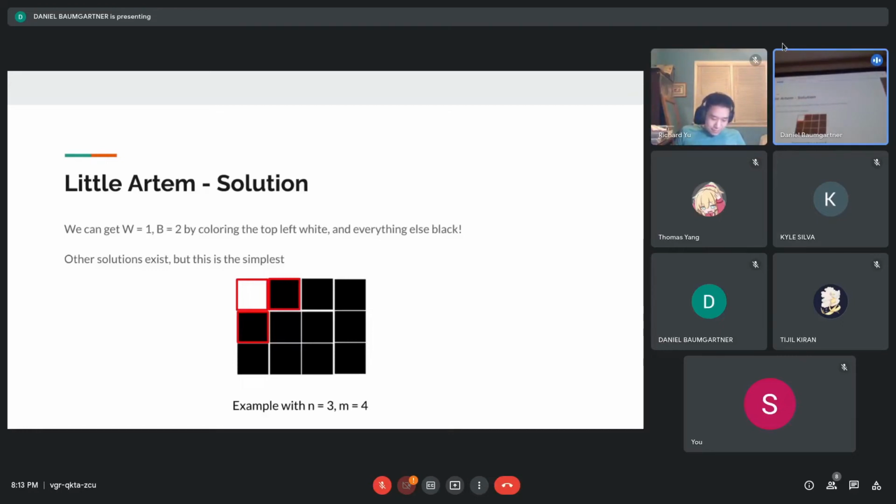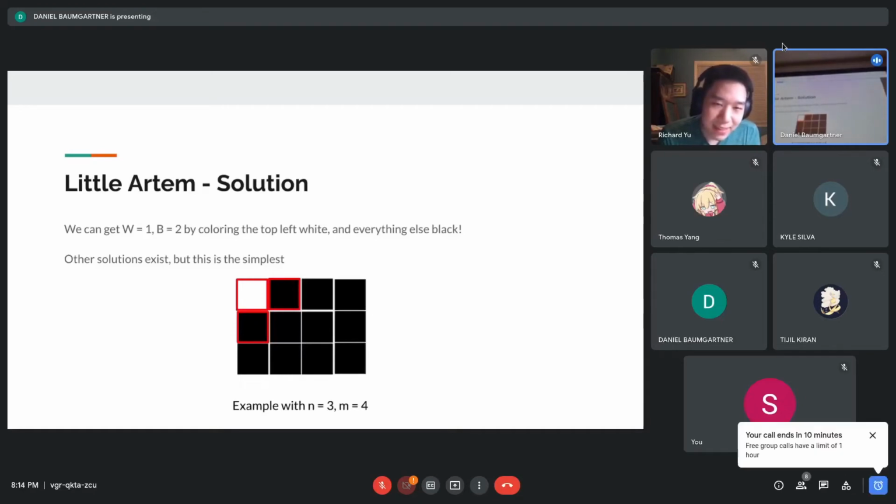Note how having the blacks adjacent to each other a lot like that will make them not count to the total for B. And by having one white, you can only have one W. Because of that, we naturally simplified the problem to something that's a lot easier to think about if we use this approach. And you'll see from the diagram that it would work.